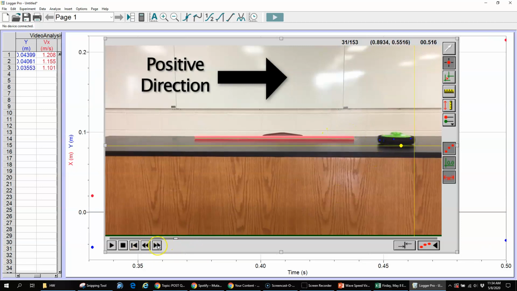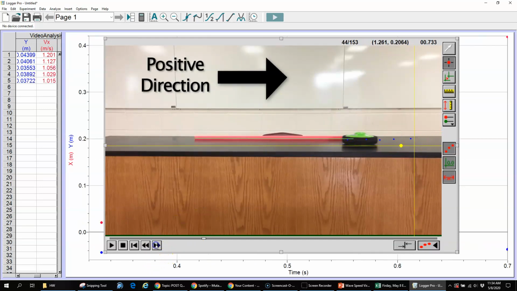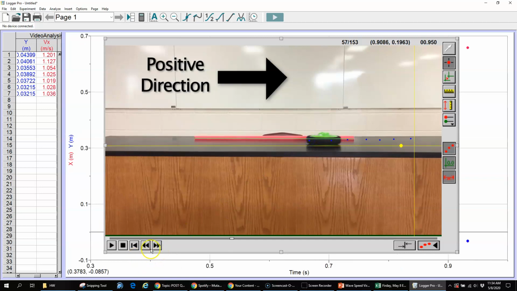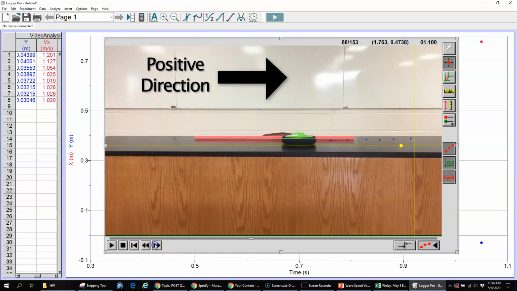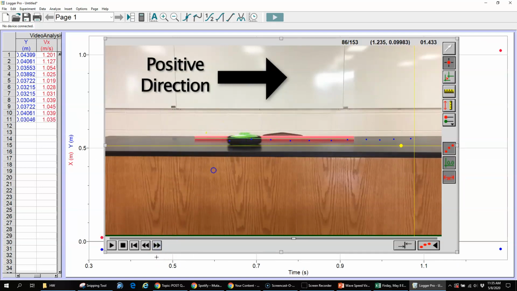But what will happen here is it will plot the position according to my axis here for every time as the video proceeds. And then we should be able to look at the position versus time graph to get the speed of this object.